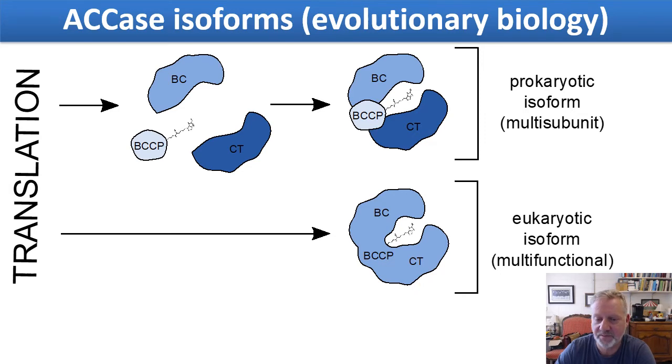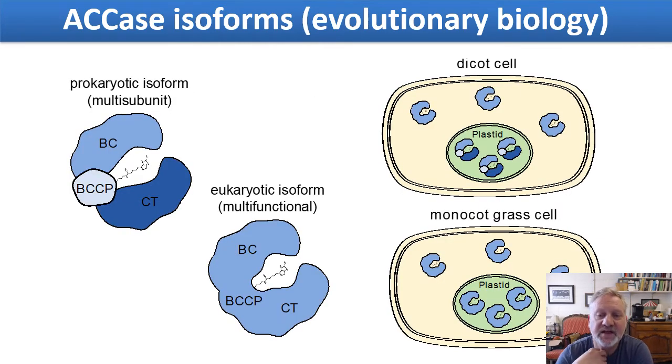What's interesting is that in dicot cells, the plants that survive the treatment with these herbicides, they have the eukaryotic in the cytosol and the prokaryotic in the chloroplast. And the prokaryotic form is not sensitive to the herbicide. And this is where most of the fatty acid biosynthesis happens.